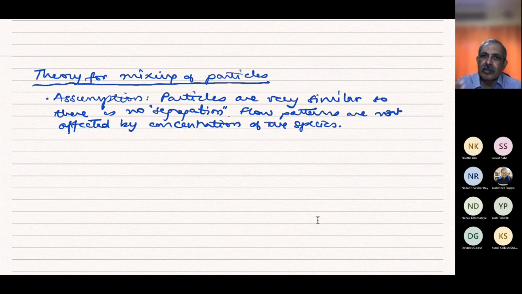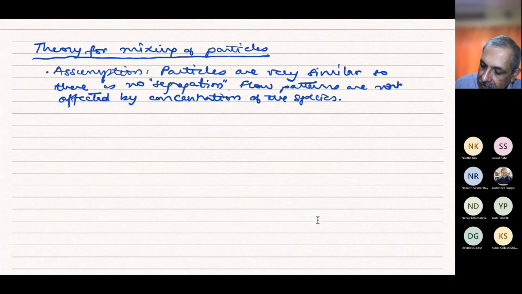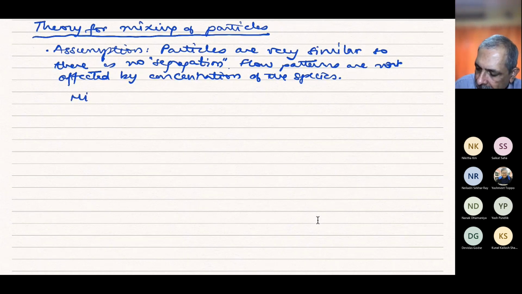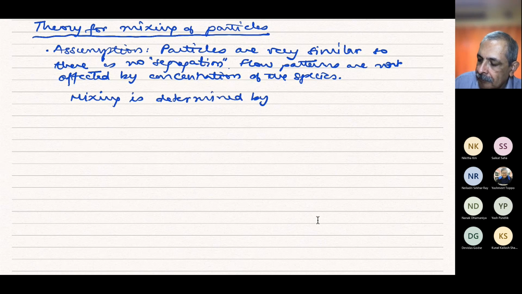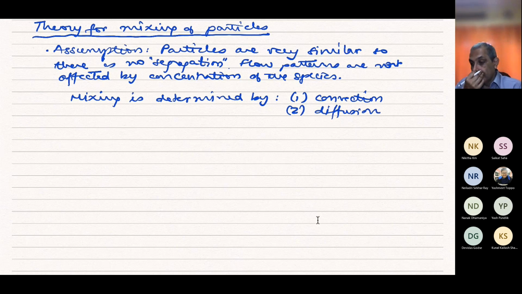So that means it's as if you are mixing identical particles, but they're only of different colors. Then in this case, the mixing is determined by two factors. One is convection, that is the flow, and two is diffusion, that is due to the random motion of the particles.